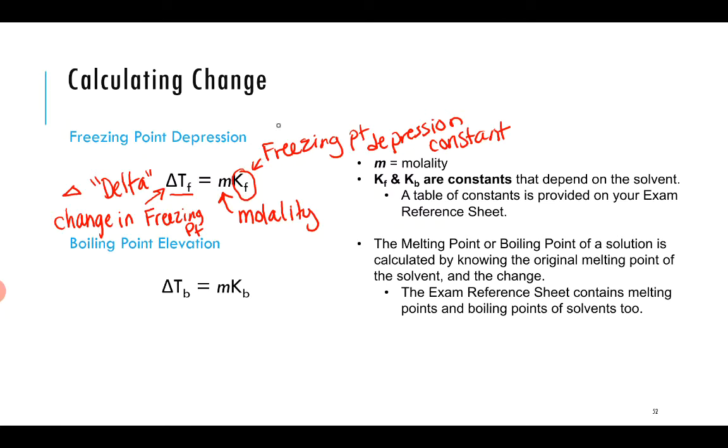We're going to be looking up K_f on a table. On Alex, that may mean that you need to open up the data tab in order to access the K_f and K_b values. If you would need them on an exam, they would be provided to you.